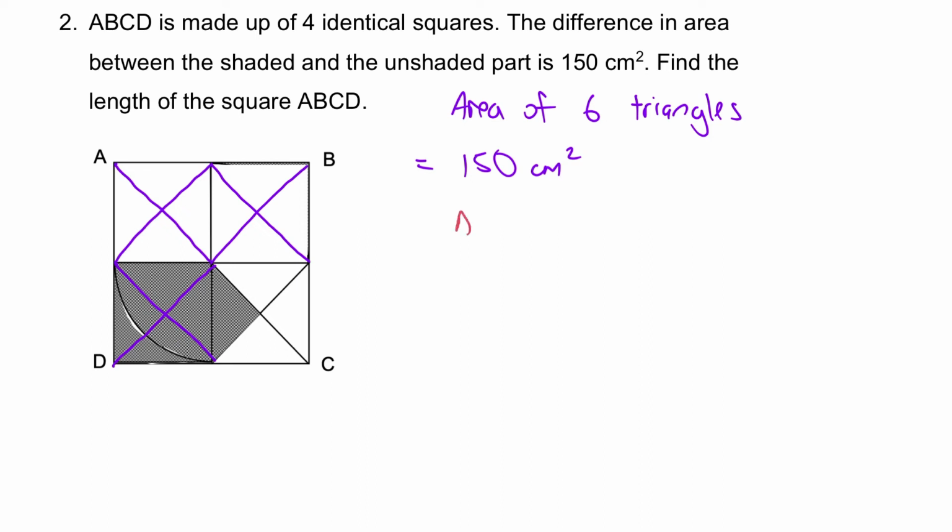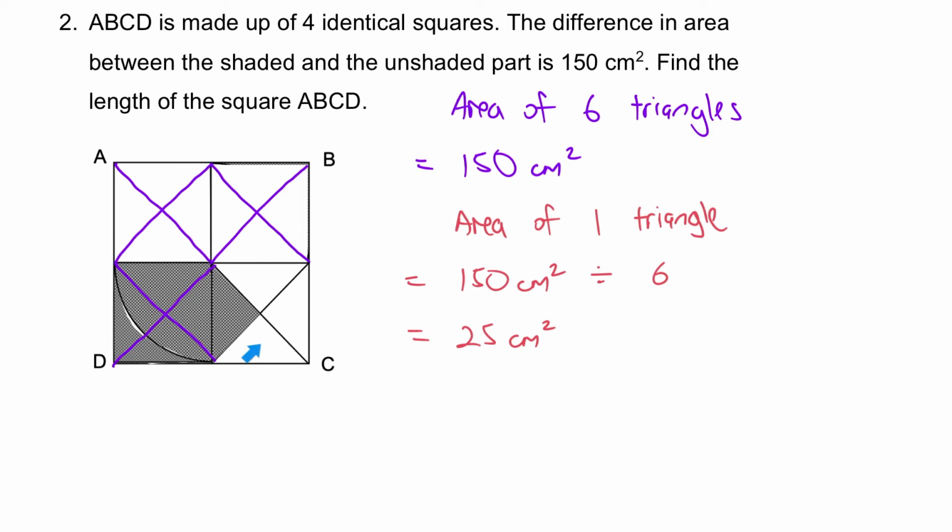From here, we can figure out the area of one triangle. And that will be 150 square centimeter divided by 6, and that will be 25 square centimeter.